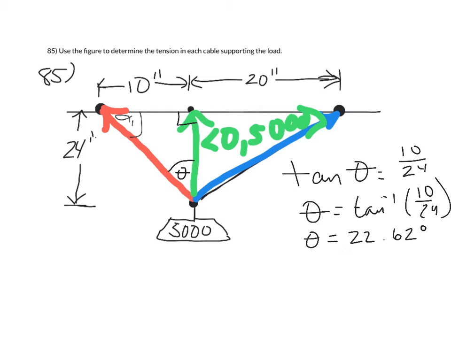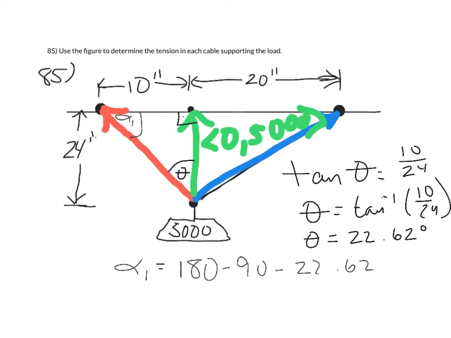It really equals 180 degrees minus 90 from this right triangle, and also minus my theta, which is 22.62.